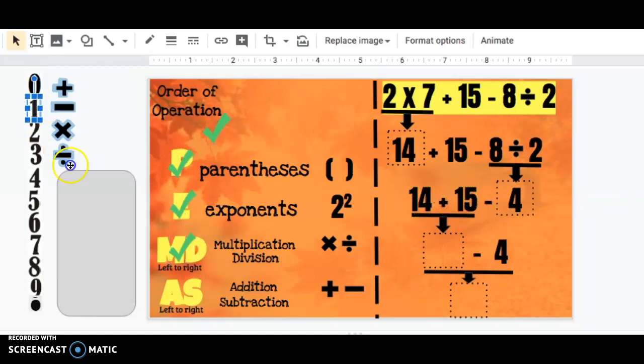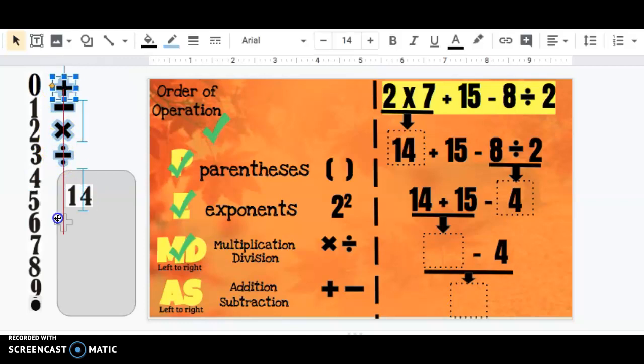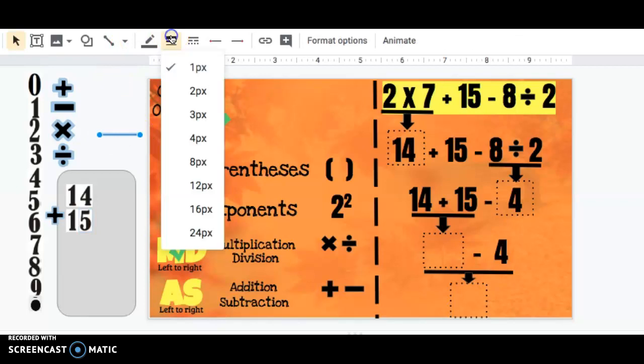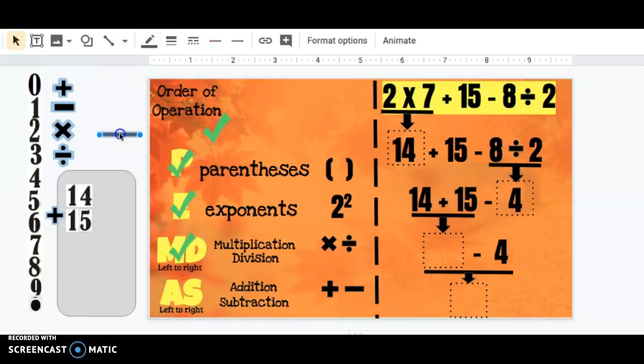So on my piece of paper, I'm going to do 14 plus 15, draw the line.